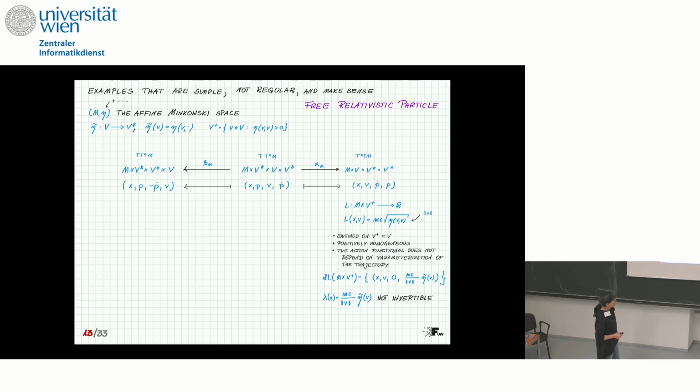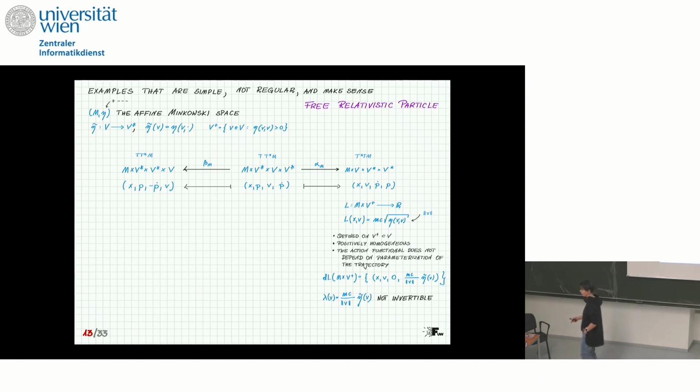And then we can look at the Legendre map that associates to every velocity its momentum. And the result is that this is definitely not invertible, because you can see that if I multiply my velocity by a positive number, the momentum does not change. It's the same momentum.